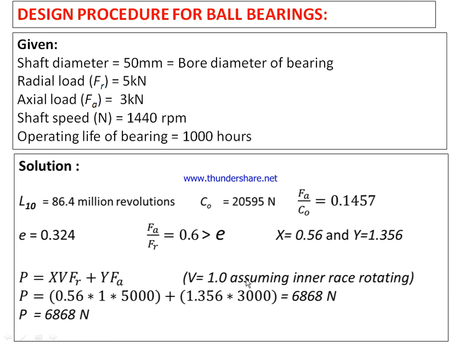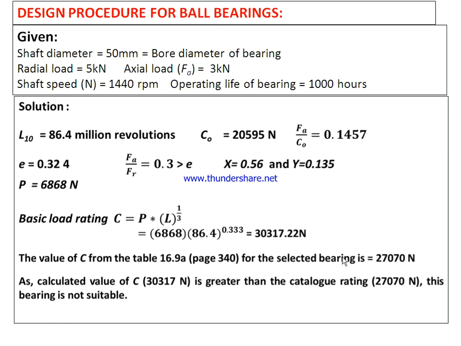For different situations the service factors are given, and looking at the service conditions suitably, we choose the service factor and multiply this load by that service factor CS and get the total dynamic load. So here it is not necessary, as the shock conditions are not given, our service conditions are not given.